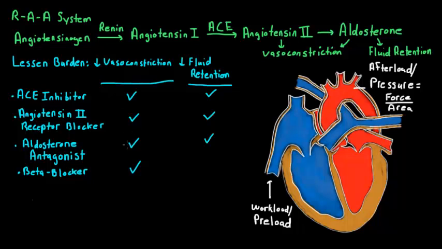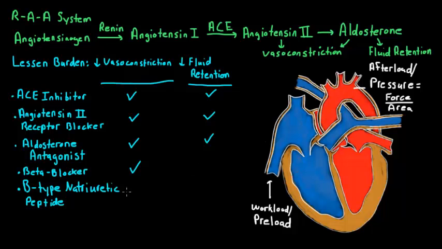Okay. So the next thing we want to talk about is what's called B-type natriuretic peptide. So this can be synthetic, but it also is produced naturally by the body, and it is produced when the heart senses that it's being overstretched, right? When it's got too much blood in one of the ventricles or the atrium.